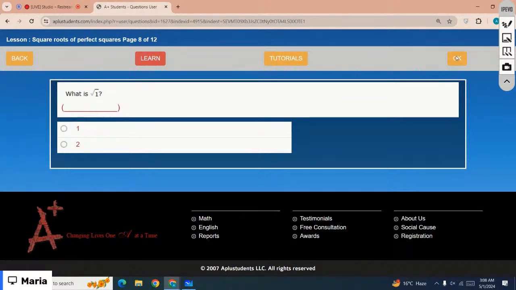Which is the correct option? Square root of 1 is 1. The correct option is 1.